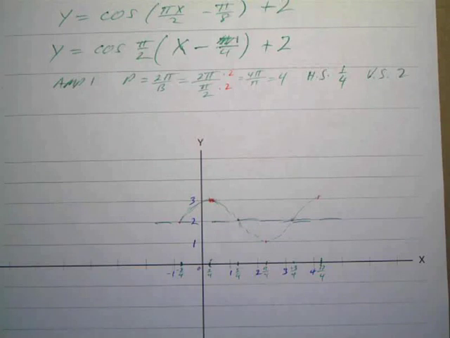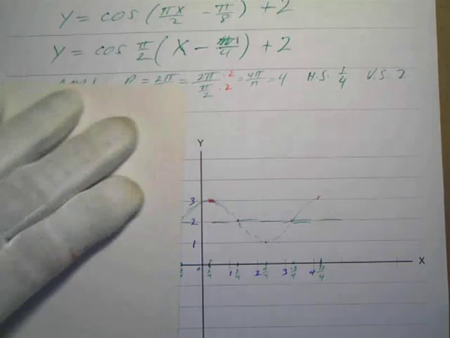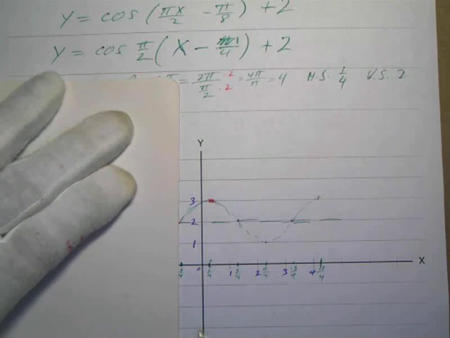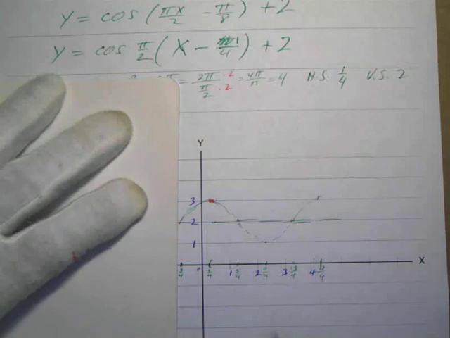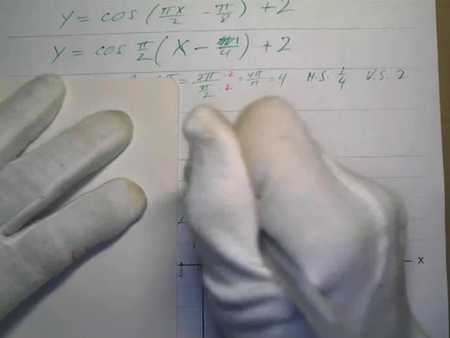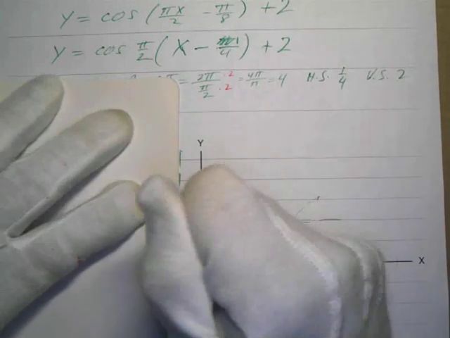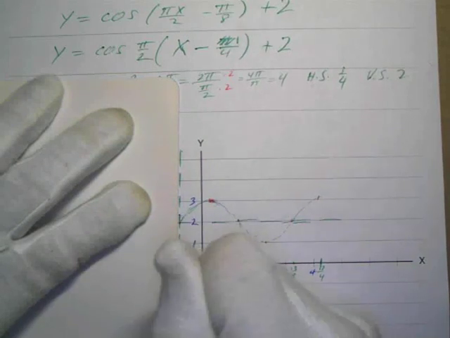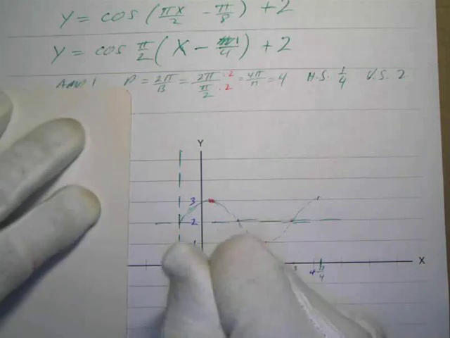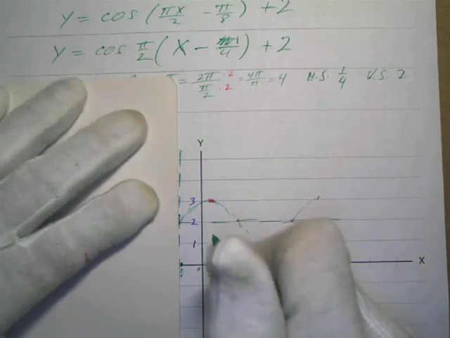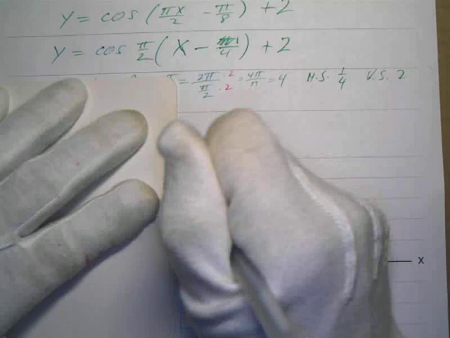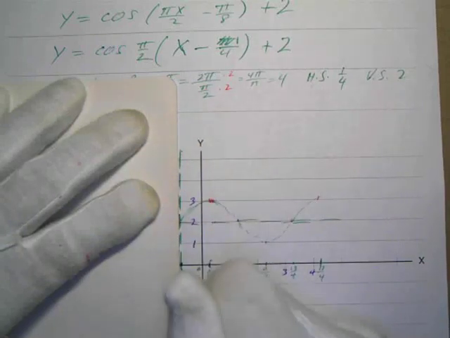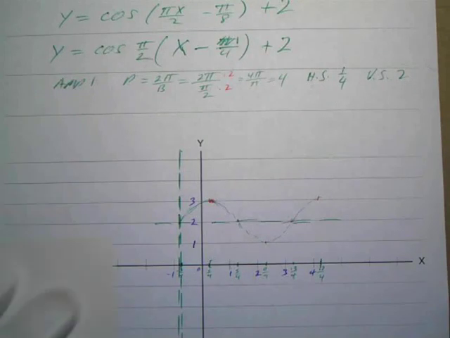I couldn't find a ruler, but I found this straight edge, so I'll do this. Hopefully I can get this to be straight. So there's one asymptote there. Sorry about that, a little bit off there. There's your asymptote there.